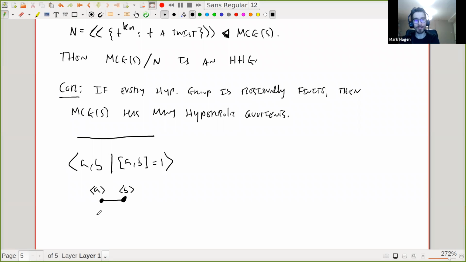So what you can do in general is you can blow up the extension graph. For each vertex in the extension graph, you put a copy of the corresponding cyclic subgroup sitting below it. So you blow up the vertex to the cyclic subgroup, and then whenever you have an edge in the extension graph, you blow it up to a join of those two.